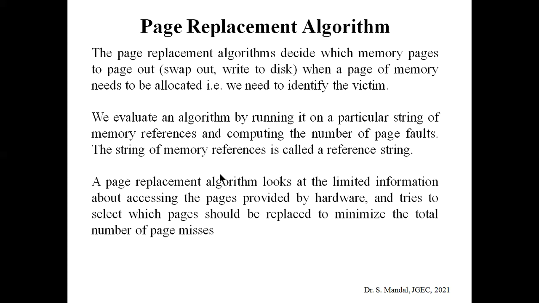We evaluate an algorithm by running it on a particular string of memory references and computing the number of page faults. During the execution of the algorithm, we consider reference numbers like 1, 2, 3, 4, which denote the reference string. The string of memory references is called the reference string.